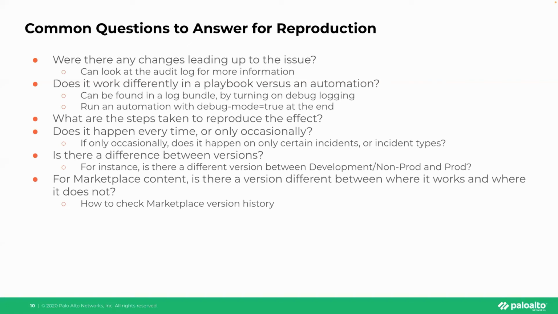So the first question that you want to ask yourselves when you run into any issue in XSOAR is, what were the changes that were made recently that would affect this issue? And one of the places where you can find these changes is in the audit log. The audit log is under the users and roles tab in XSOAR.